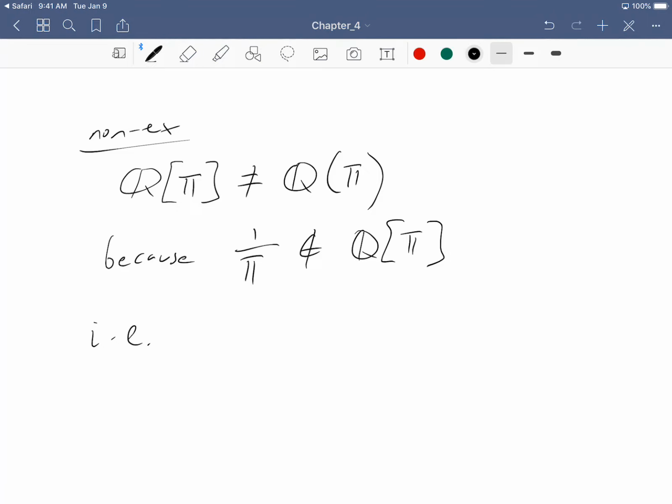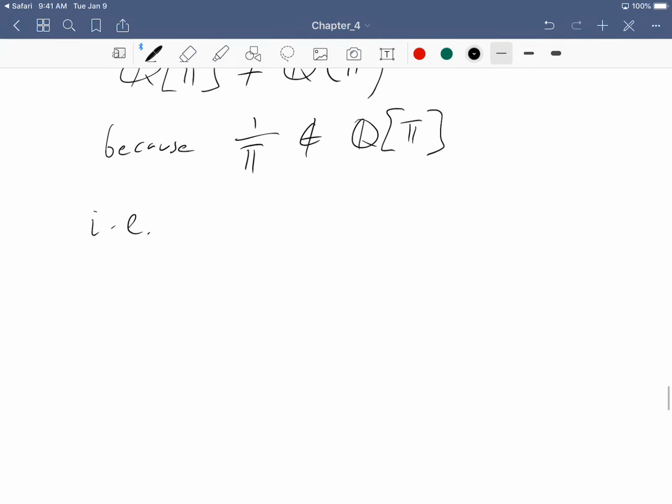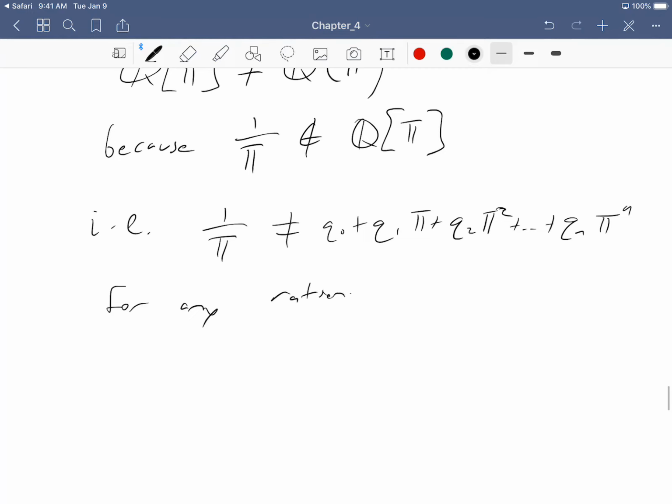Another way to say that is that 1 over pi does not equal some q0 plus q1 pi plus q2 pi squared, dot dot dot, up to qn pi to the n, for any rational numbers qi and any n that's a natural number.